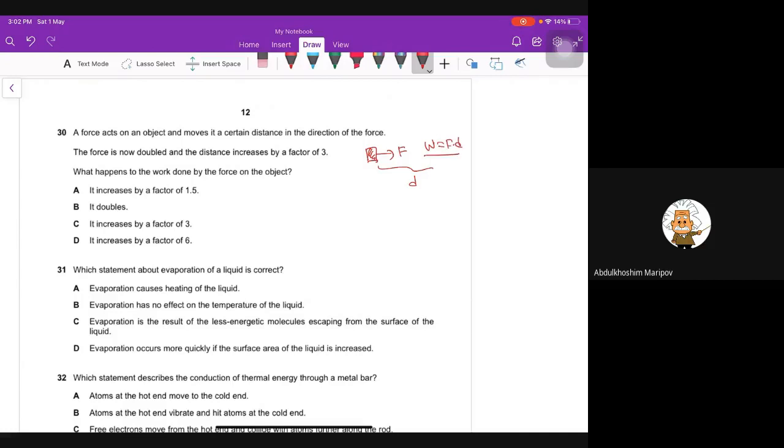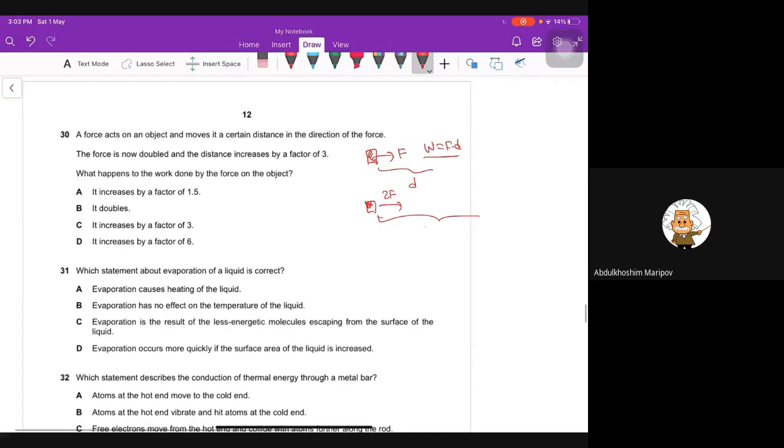Now the force is doubled. Same box, but in the second case a second person comes and applies 2F. He doubled the force, and the distance increased by a factor of 3, so it becomes 3d. Factor 3 means 3 times d. So what is the work done?